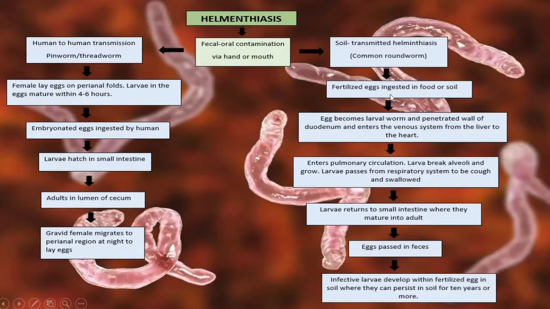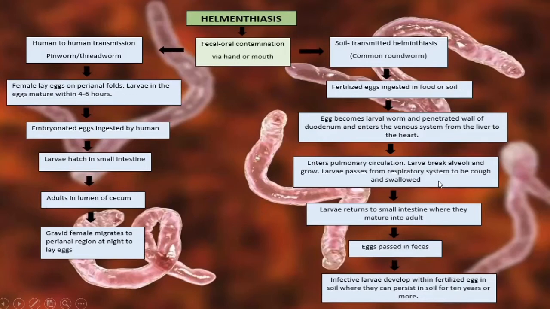As for soil-transmitted helminthiasis, usually they are the roundworms. Fertilized eggs are ingested in food or soil. The eggs become larval worms and penetrate the wall of the duodenum and enter the venous system from the liver to the heart. The larvae migrate to the pulmonary circulation, usually in the lungs via the portal vein.